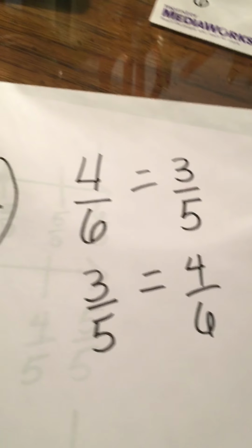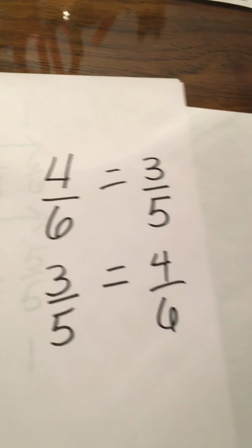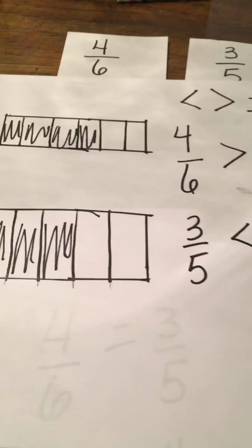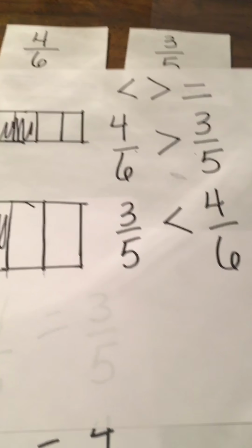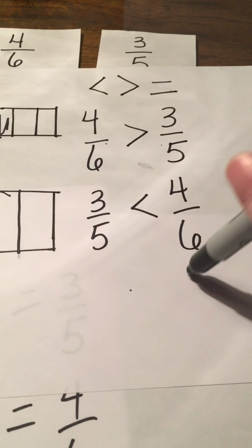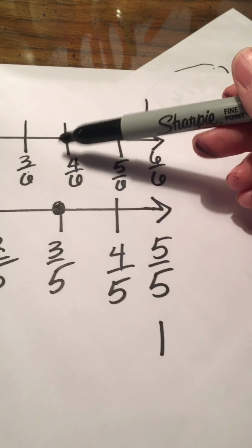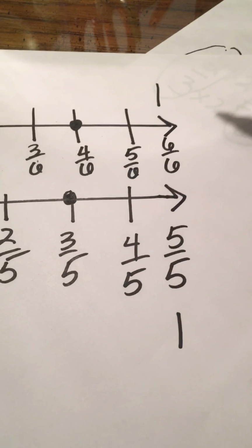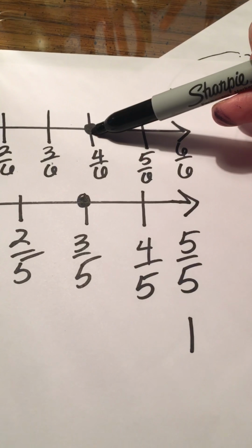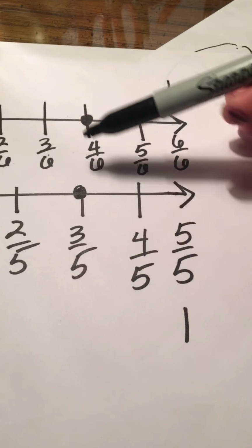However, I've done 3 checks now. So first I did my models, and I saw that 4/6 was greater than 3/5. And 3/5 was less than 4/6 on my models. Then I did a number line. Okay, and I still saw, even though it was kind of close and probably shouldn't be this close, that 4/6 is greater and 3/5 is less than.